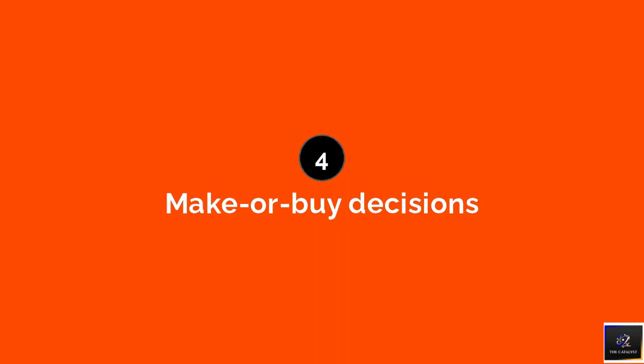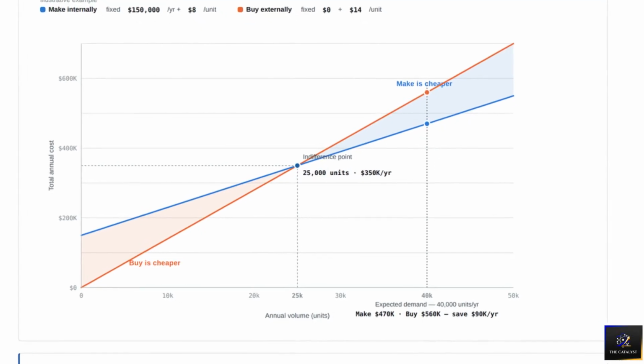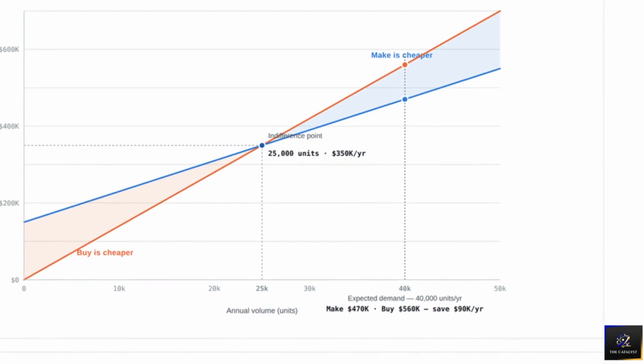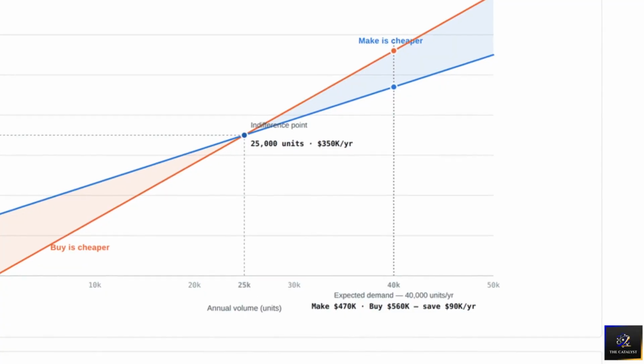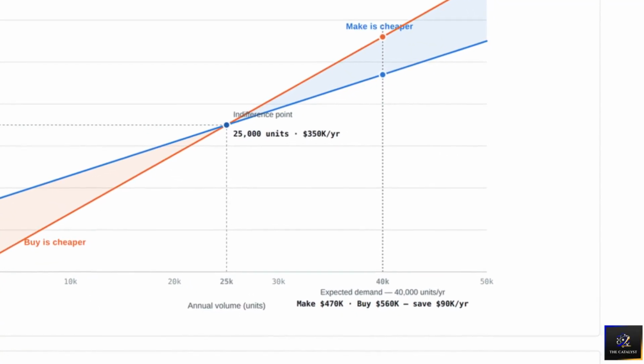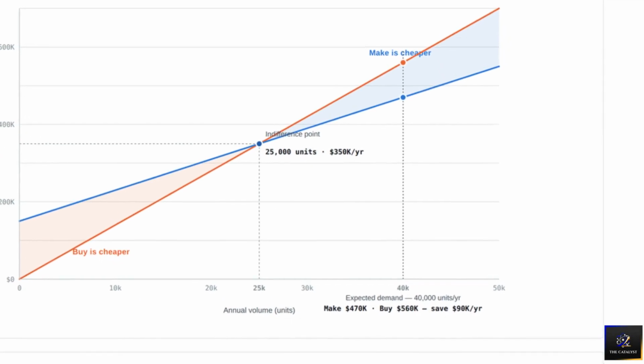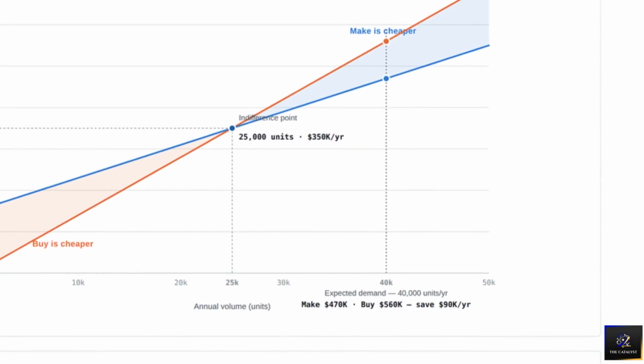Make or buy decisions. When a business is considering whether to produce something internally or outsource it to an external supplier, break-even analysis provides a precise answer. Internal production typically has higher fixed costs and lower variable costs per unit.